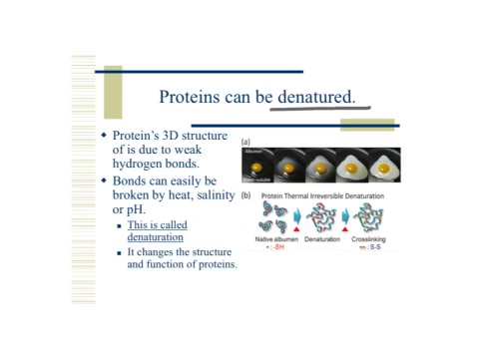And this can happen because it's often held together by hydrogen bonds, and hydrogen bonds are weak, and they can be broken by things like heat, pH, or salinity, which is saltiness. Something's very, very salty or not so salty, we call that a change in salinity. But this process of protein unfolding is called denaturation.